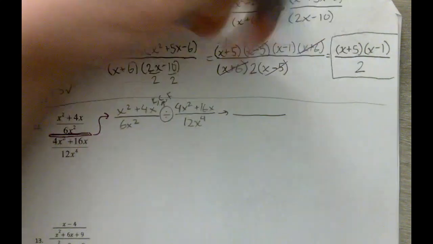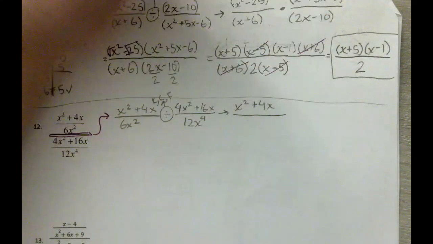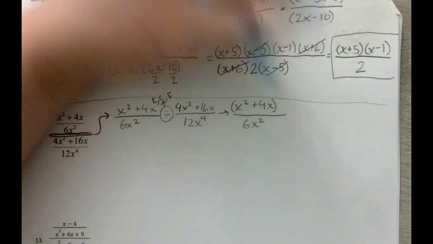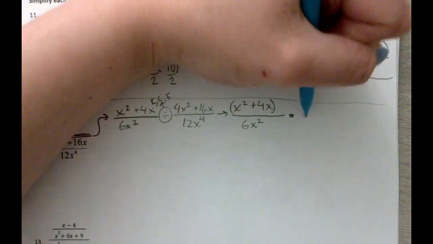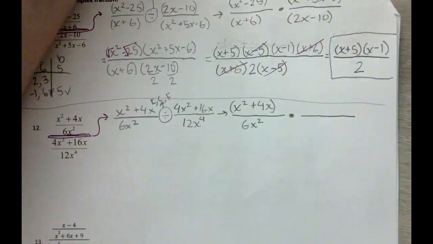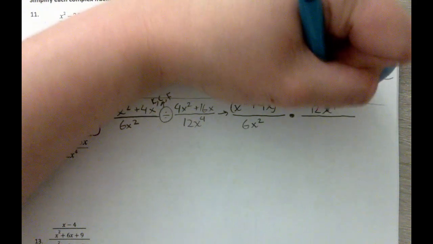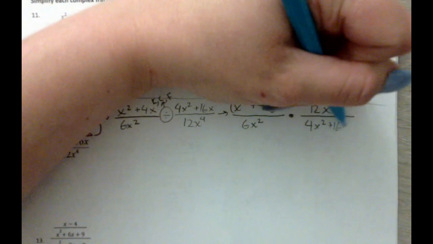Keep the first fraction the same. X squared plus 4x over 6x squared. Go ahead and put parentheses around expressions. Change division to multiplication. Flip the second fraction. 12x to the 4th over 4x squared plus 16x.